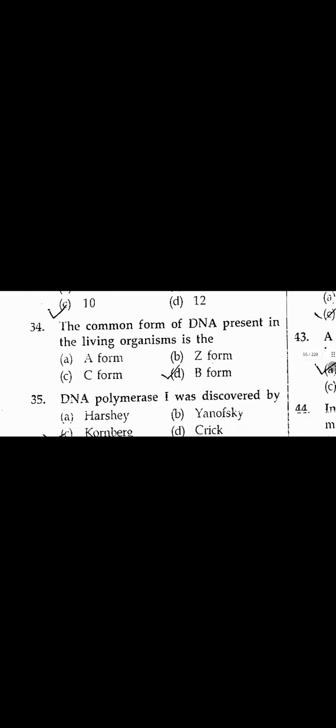Question number 33. The number of bases in a single turn of the DNA helix is option third, 10. Question number 34. The common form of DNA present in living organisms, yes, it's the B form.